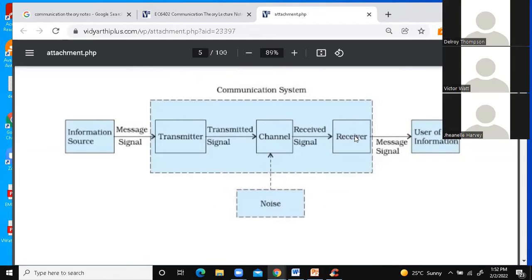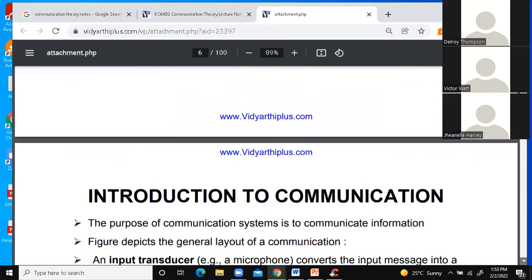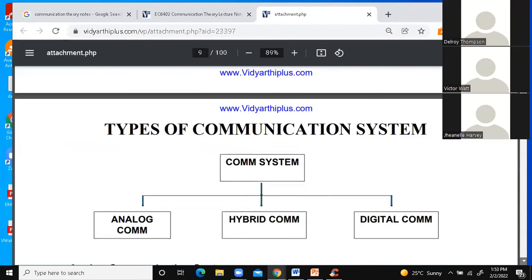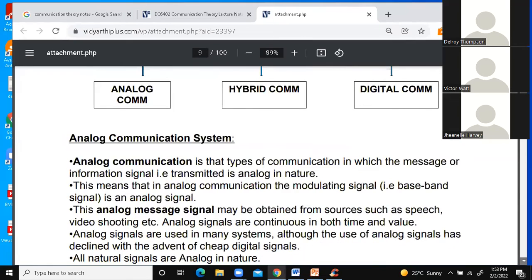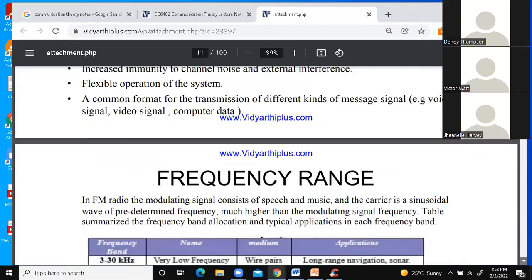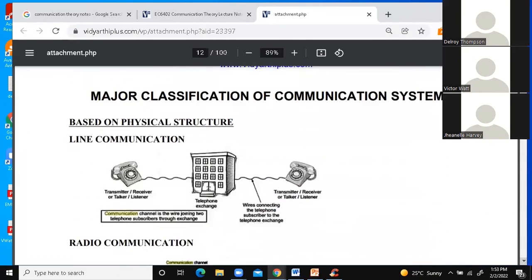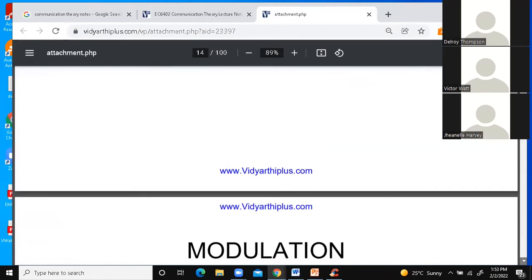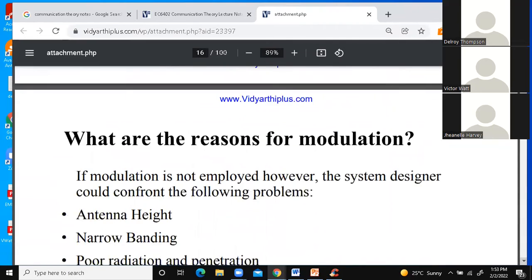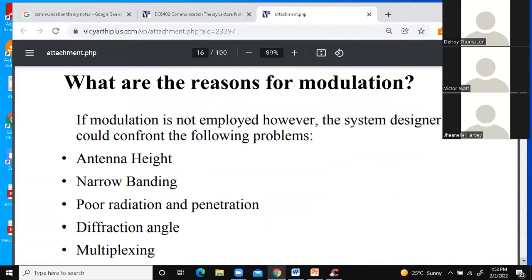In this receiver, you have a demodulator. I'm not saying that the whole component is just a modulator or a demodulator, but that must be in it. So that is modulation. Making progress now.